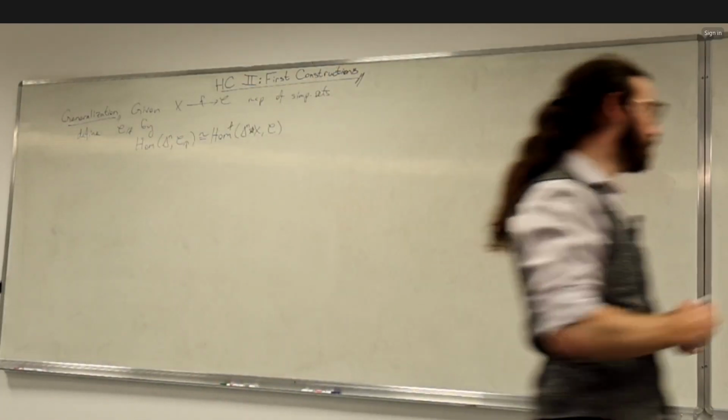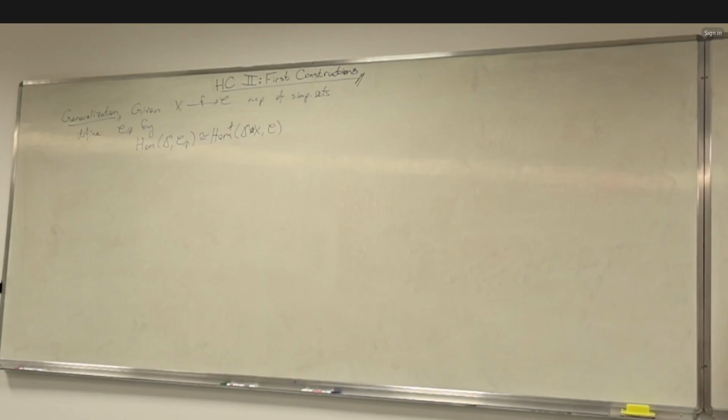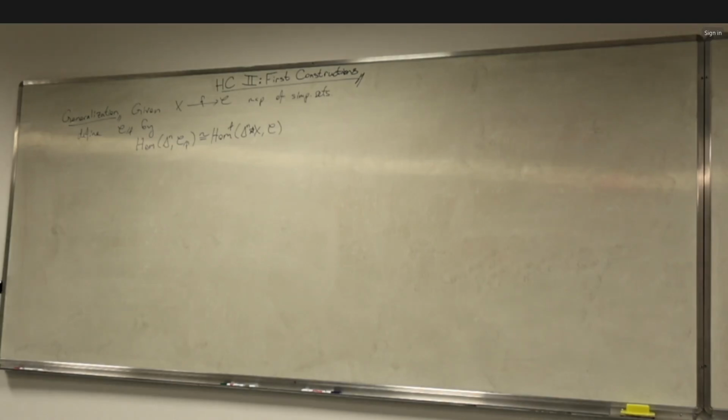I should also point out here, there's a canonical map pi from C over X to C, which sends a map from delta n star delta naught to C to that map just restricted to delta n.